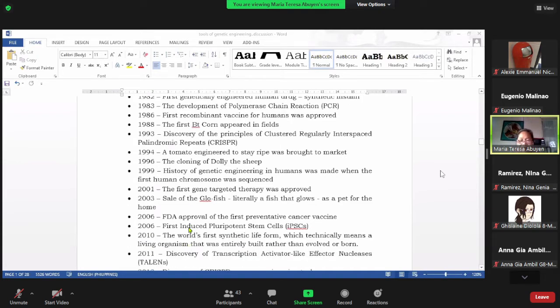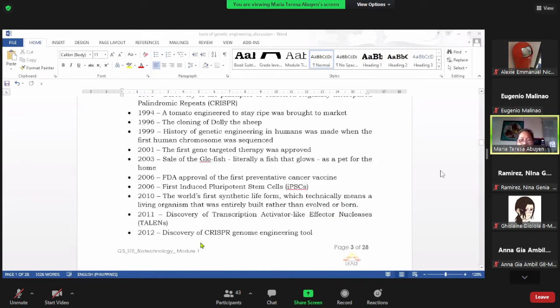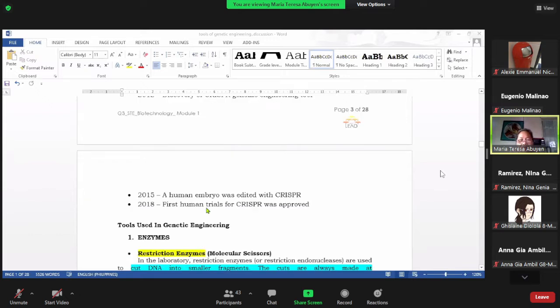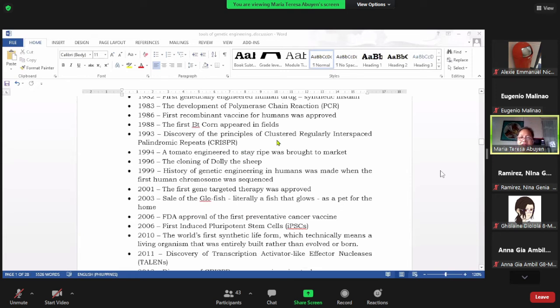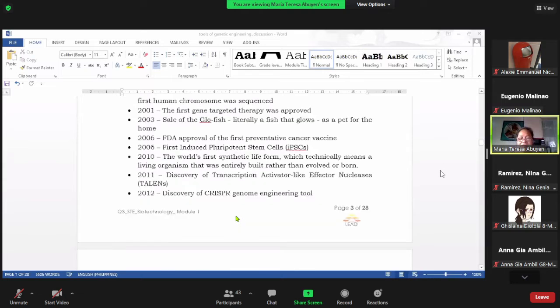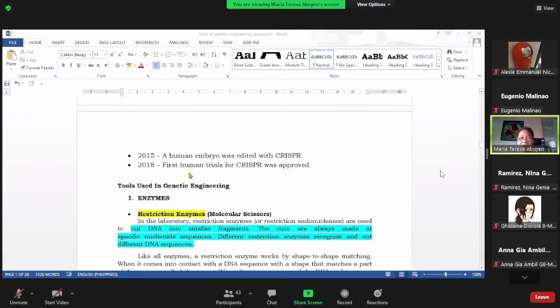Stem cells. The pluripotent stem cells were first discovered in 2006. Okay. What else? The human trials for palindromic repeats. CRISPR, clustered regularly interspaced palindromic repeats, which was applied to humans. It was first applied in 2018.